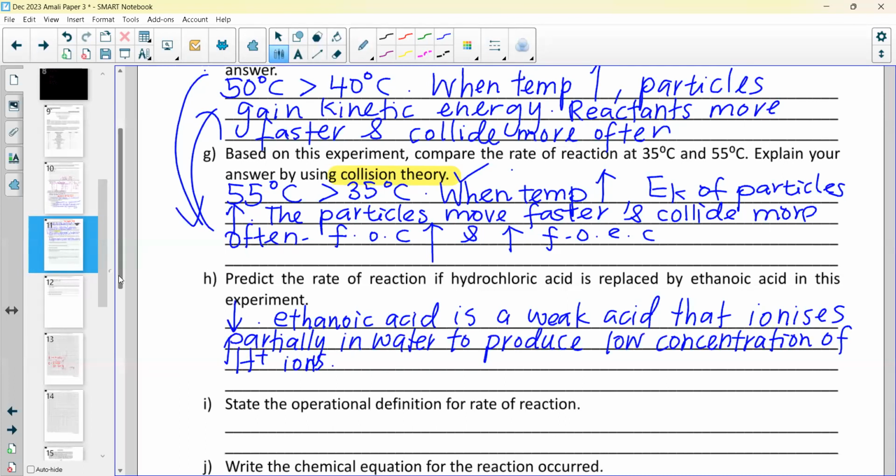Then how come the rate of reactions decreases, or is lesser? So this one, less hydrogen ions. Less hydrogen ions react with what? Reacts with what?